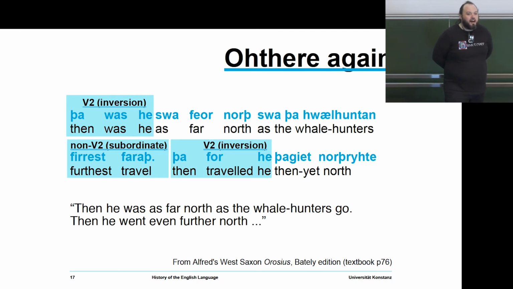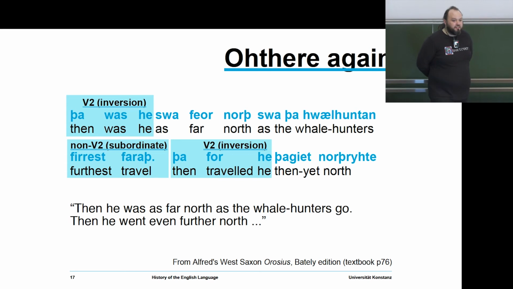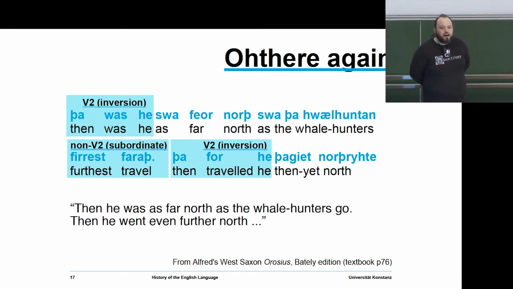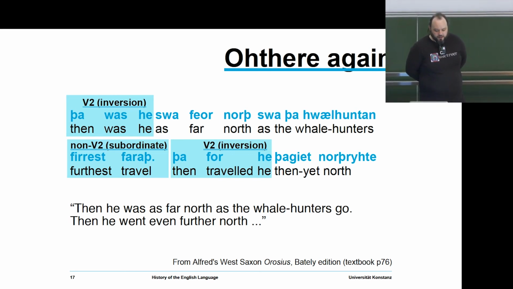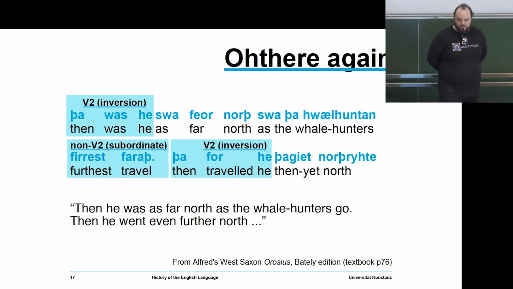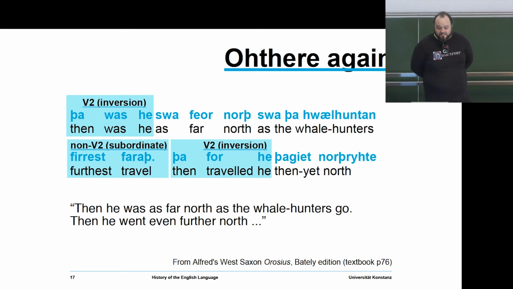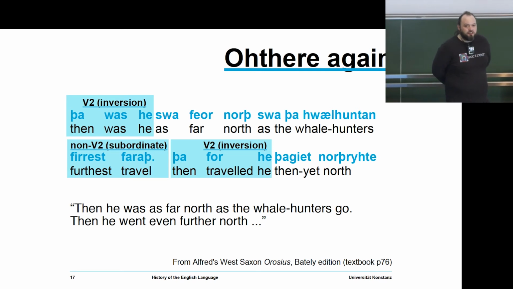We've got for-ath here, which is essentially the same as the German verb fahren. And then we've got another clause, "Tha for he, tha jit Northrichter. Then went he even further north." So this guy really likes going north.